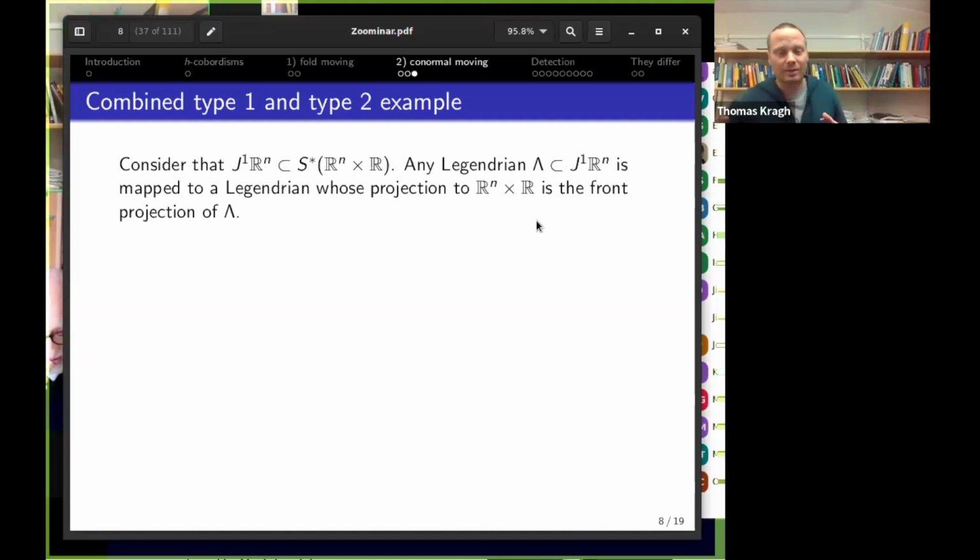So this is a good way to understand this map. You're basically just the map from, if you have a Legendrian in the jet bundle, look at its front projection, put that in Rn cross R, and then take its directed conormal. Then you see what Legendrian actually was defining in here.